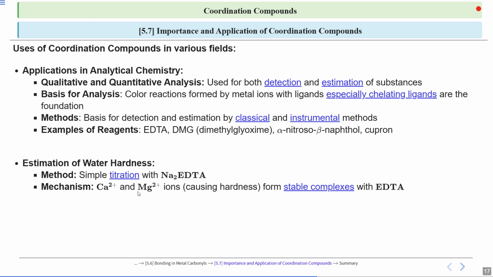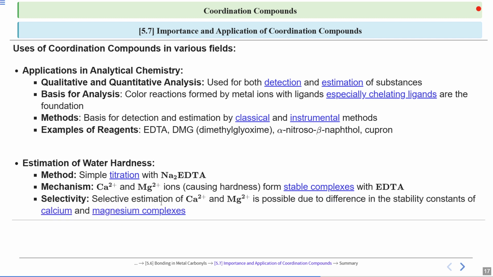These ions form stable complexes with the EDTA, which is why we do the titration with Na2-EDTA. These ions, the main cause of hardness, make a stable complex with the EDTA and the water hardness is removed.